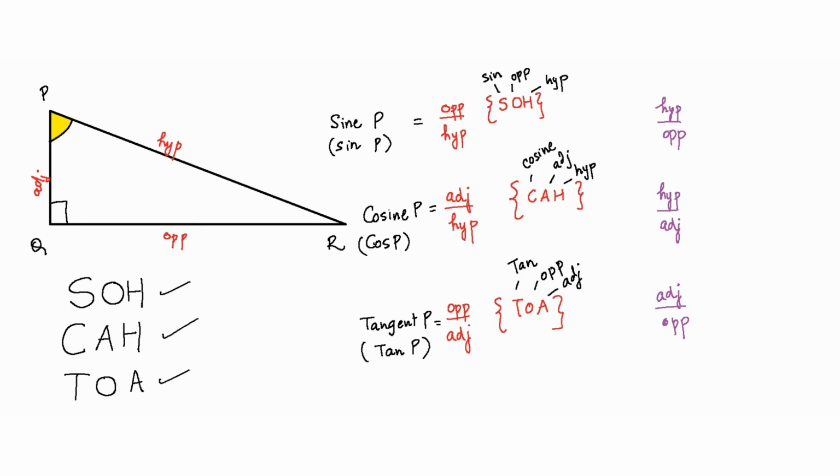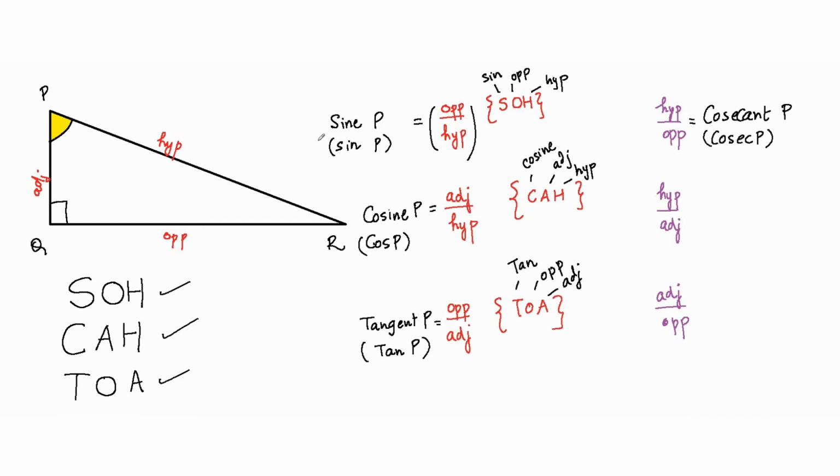The reciprocal of these ratios are, so the reciprocal of sine, which is opposite upon hypotenuse, is called cosecant of an angle. So cosecant of P, or the short form of this is just cosec of that angle, right?